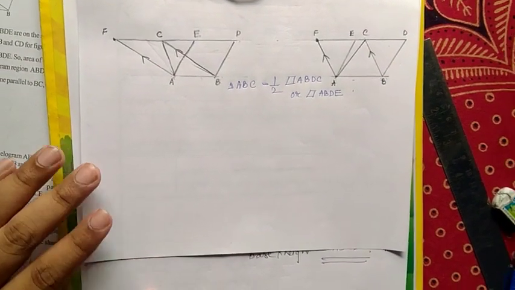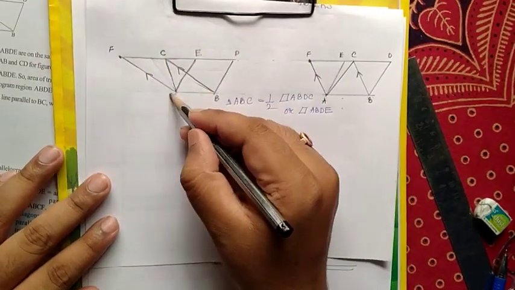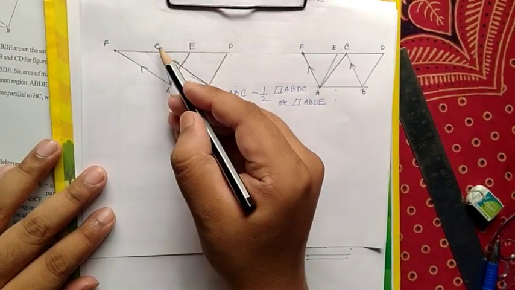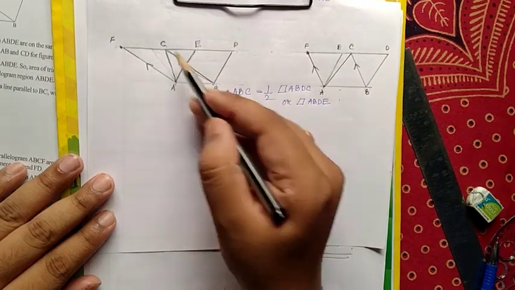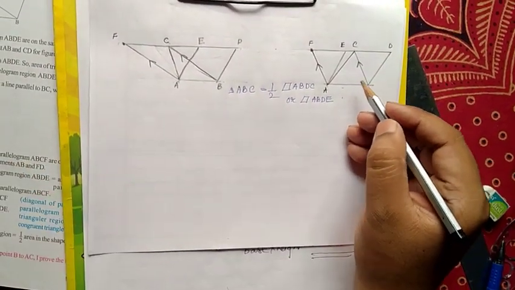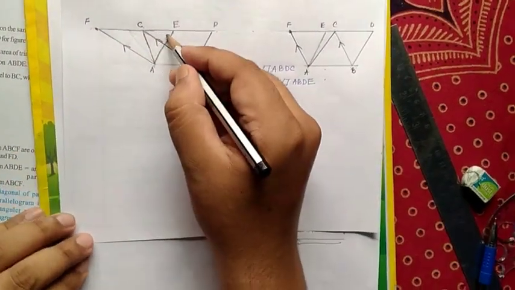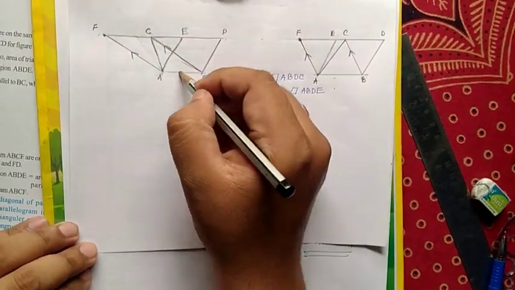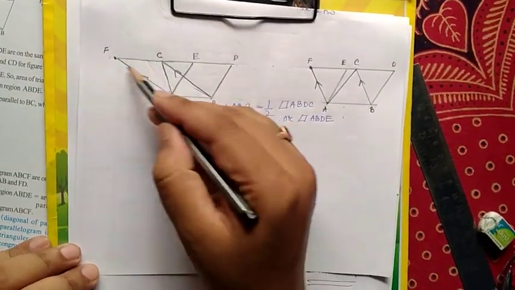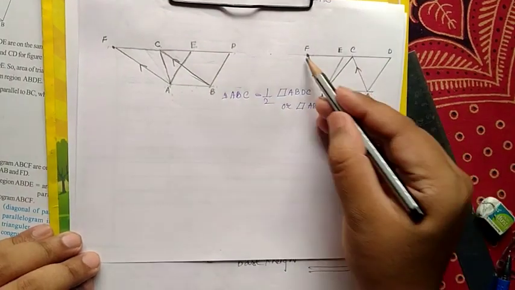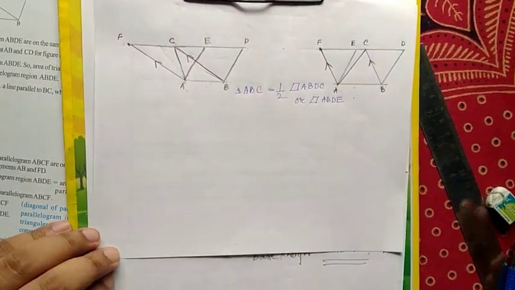Now we have to prove that quadrilateral ABCF, here ABCF, here also ABCF, these two are parallel and these two are parallel, so therefore this is a parallelogram. This is also a parallelogram. Why?